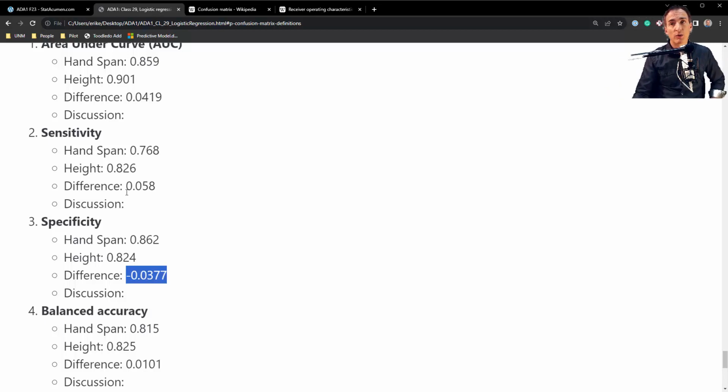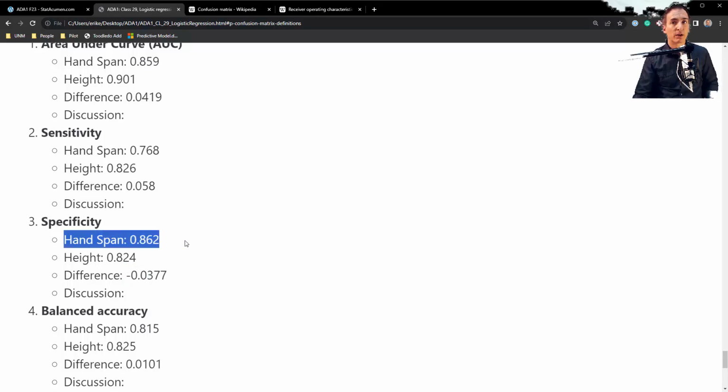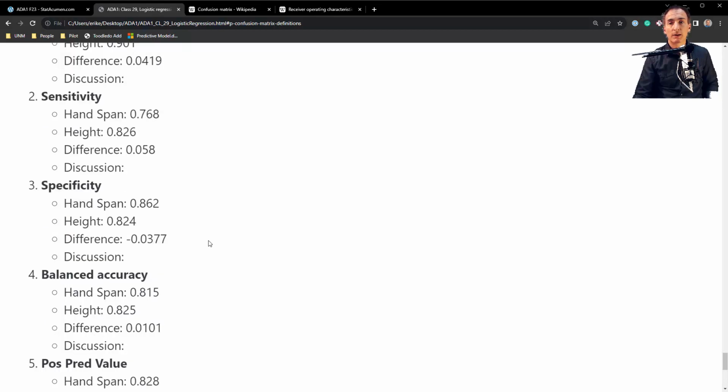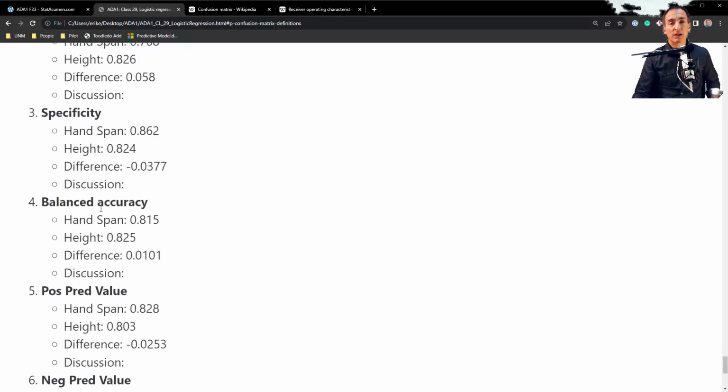Overall, I think we ended up predicting better, and we're going to see that in a moment for balanced accuracy. But this is a strike against the height model because it does worse for predicting males. So in this case, it's a small or medium difference in favor of the handspan model for specificity.